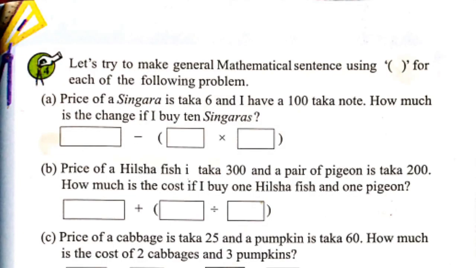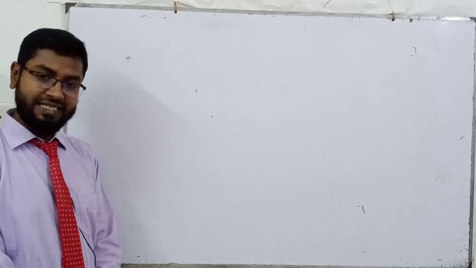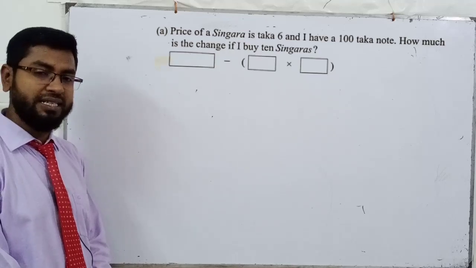So the price of a shingara is 6 taka and I have a 100 taka note. How much is the change if I buy 10 shingaras? What will be the mathematical sentence? I will write in one sentence.